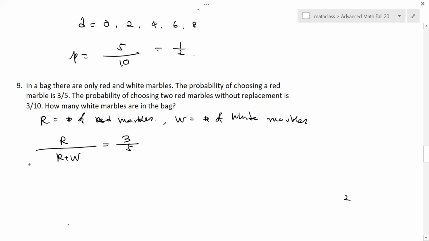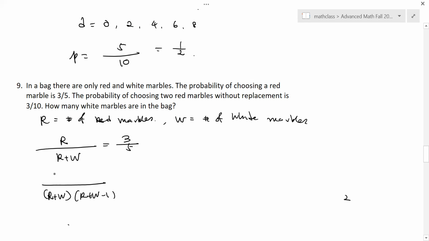Now, if you select two marbles, one by one, how do you calculate the probability? Well, for two marbles, the denominator: you select two marbles one by one, so you put them in order. For the first marble, you have R plus W choices. For the second marble, you have R plus W minus 1 choices, because that is without replacement.